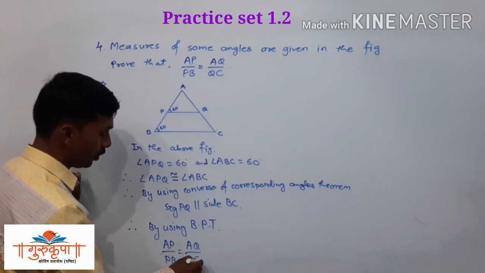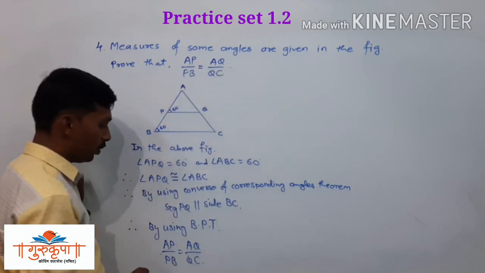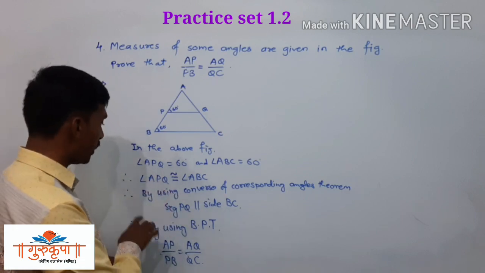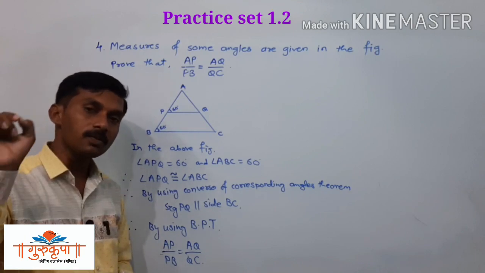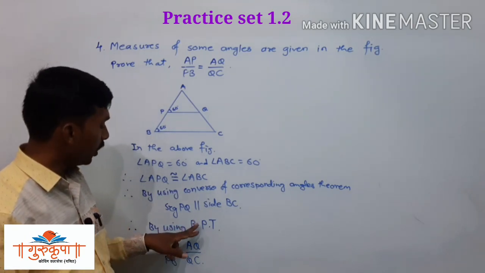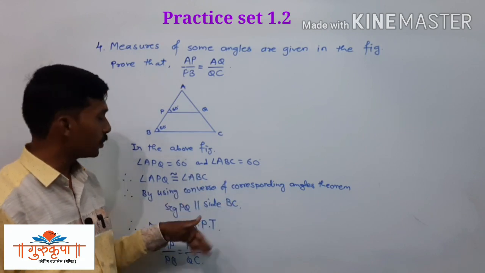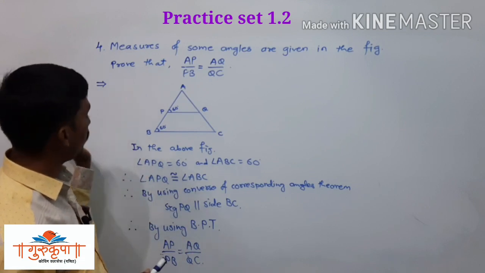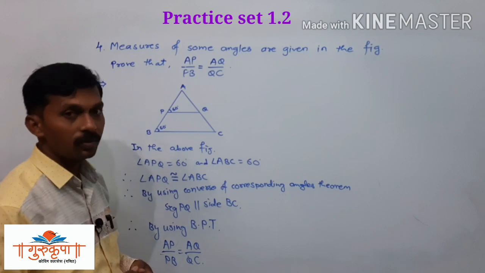That is what we have to prove, and we proved it using the basic proportionality theorem. But before using it, we have to prove that PQ is parallel to BC, and we proved that using the given information. So this is all about question number 4. Now we will study question number 5.